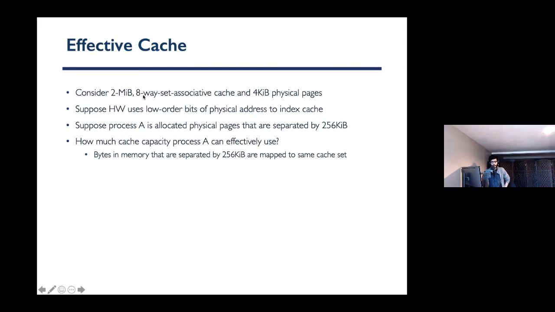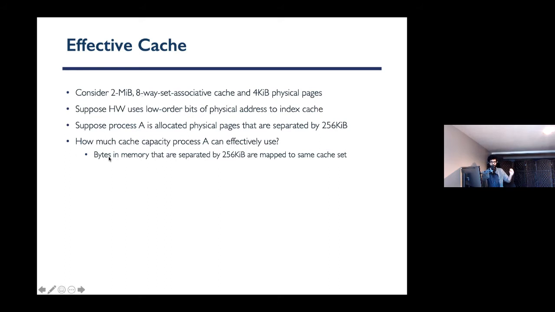So you can divide 2 megabyte by 8, and that gives you 256 kilobyte. If you divide a 2 megabyte cache by 8 ways, that's 256 kilobyte.